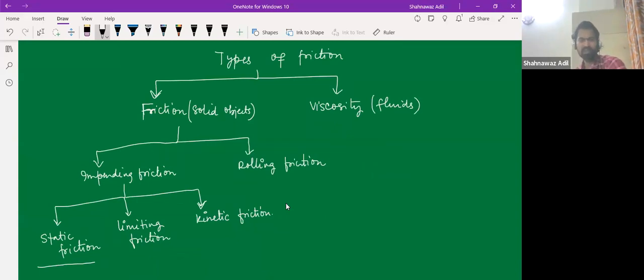So this is rolling friction, and there is impending friction or sliding friction. Done, sir. And what about you guys, Elham and Akib, are you finished? Yes, sir.